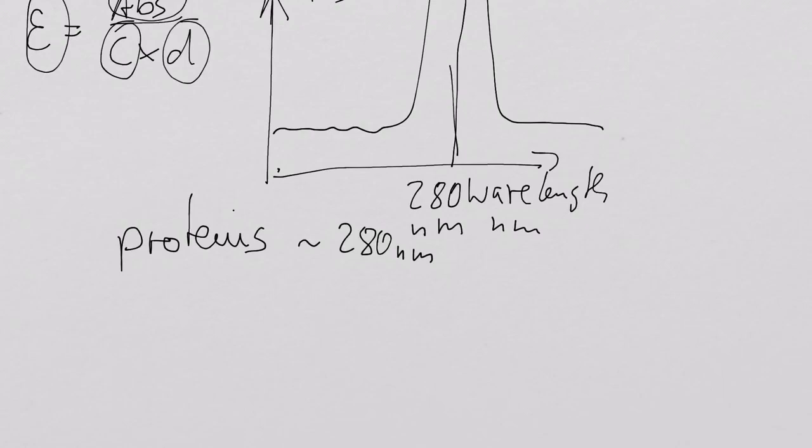Now, in the practical, you had two different cuvettes, if you remember. One experiment was done with the paranitrophenol at 405 nanometers, the compound that had a sort of yellowish color.